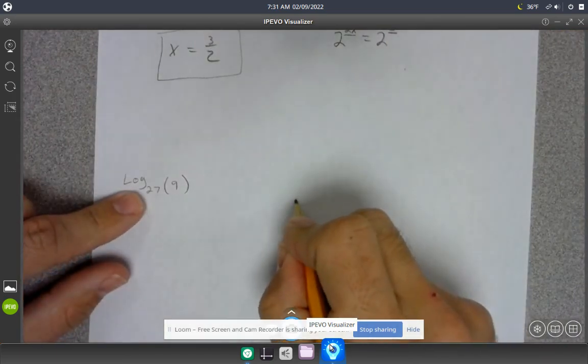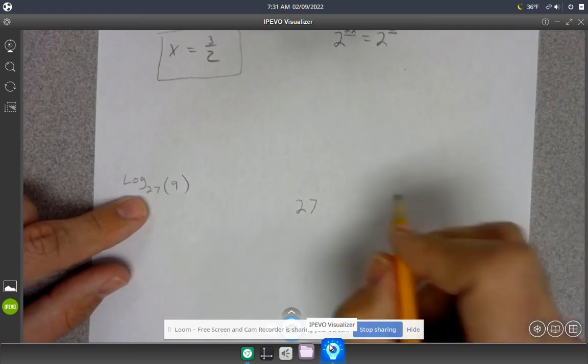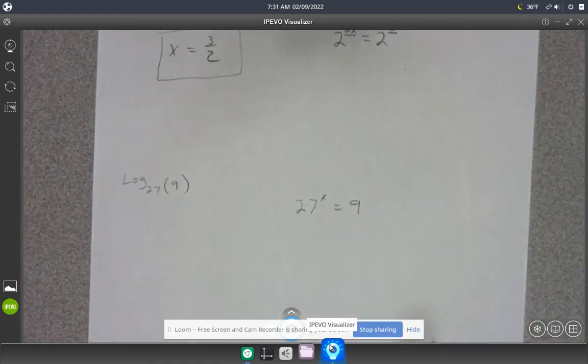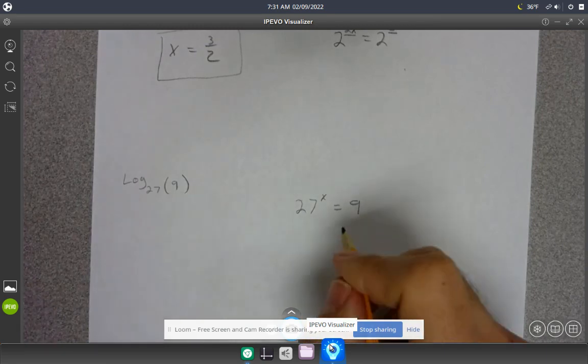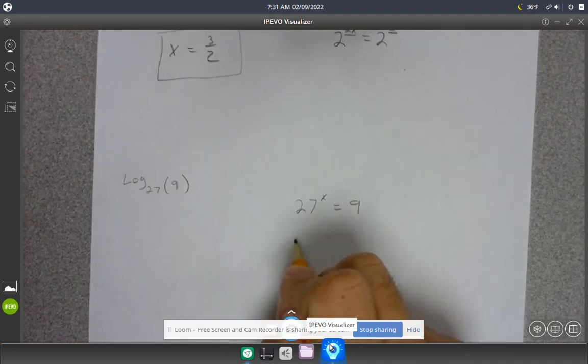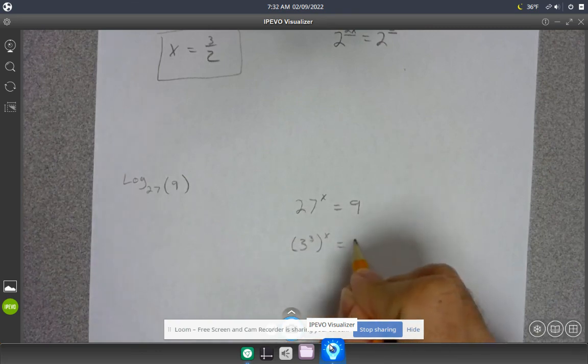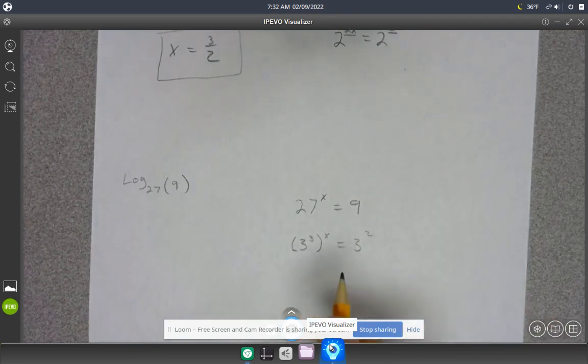I've got 27 as my base, raised to some power is equal to 9. So 3 is going to be my common base between these two. If I look at the left-hand side, the 27, I could rewrite as 3 to the third. The 9 is equal to 3 to the second.